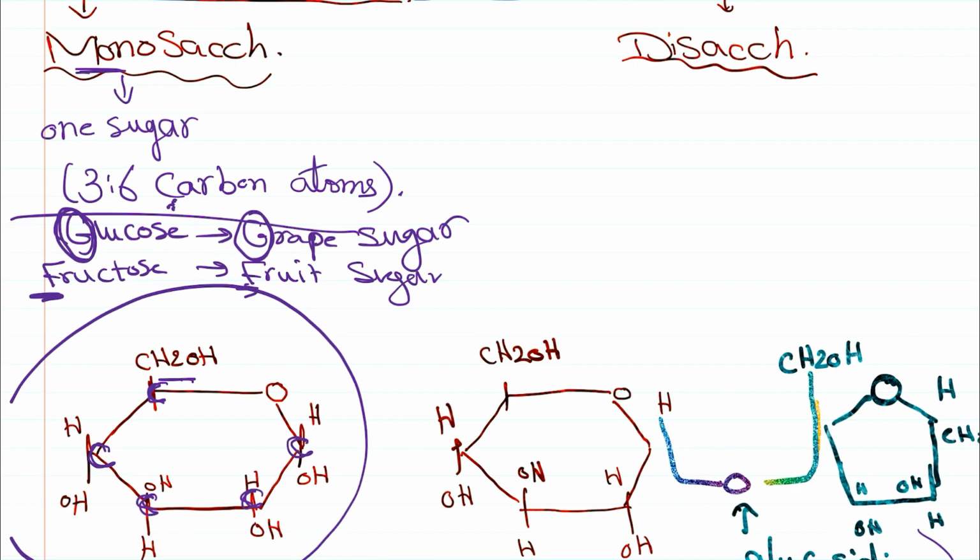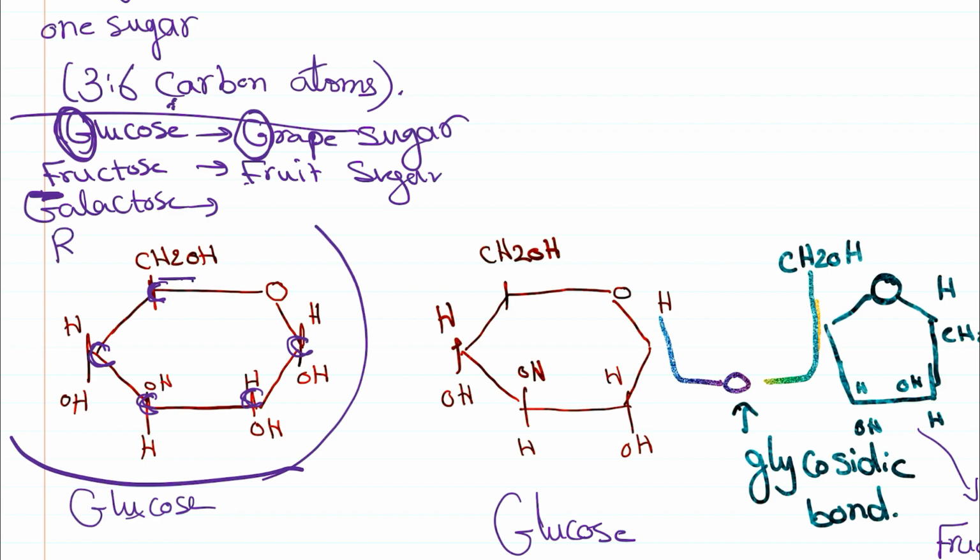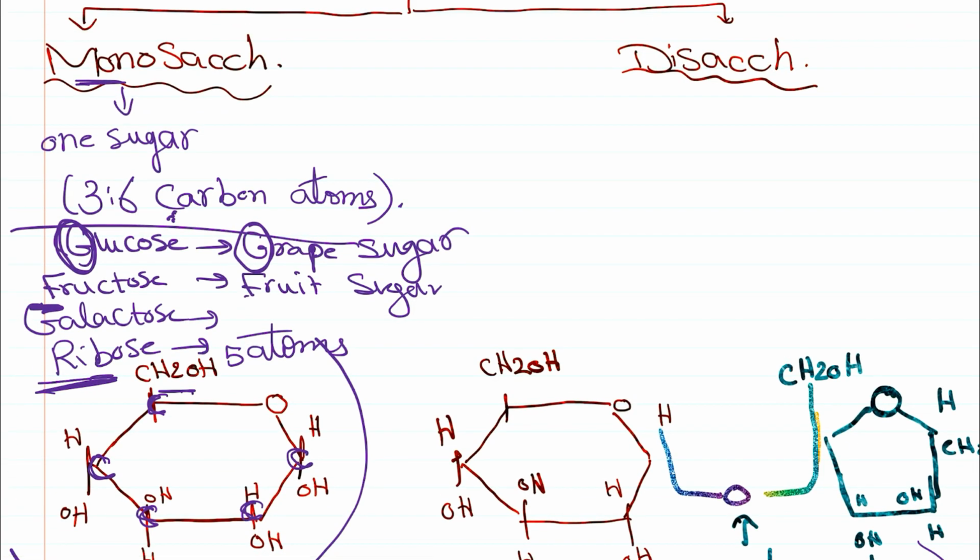Other examples are galactose, which is found in the glands of milk, and the last one, ribose. Ribose is formed of 5 carbon atoms and is used for ribonucleic acid, so it is different from the others. Disaccharides: di means 2.